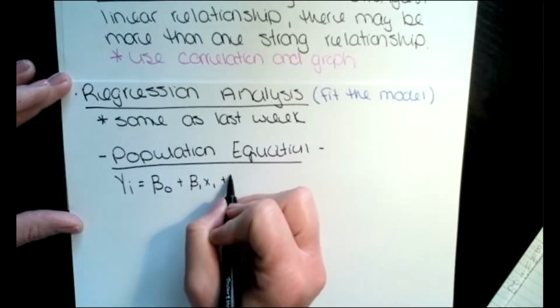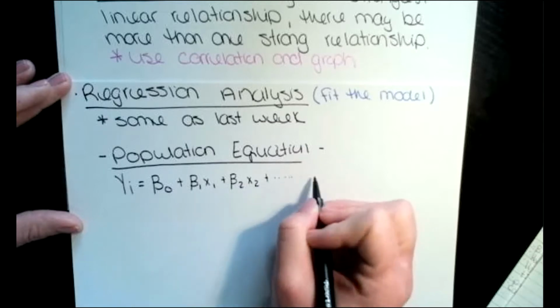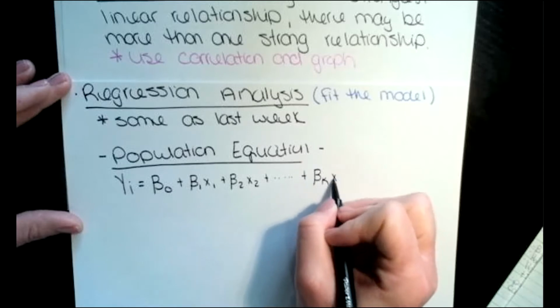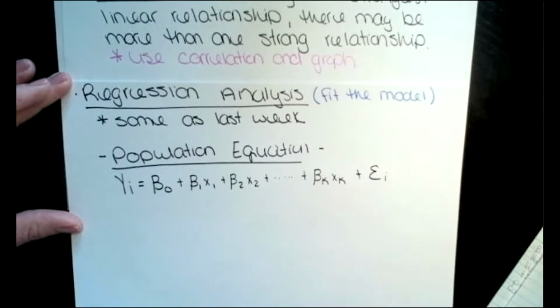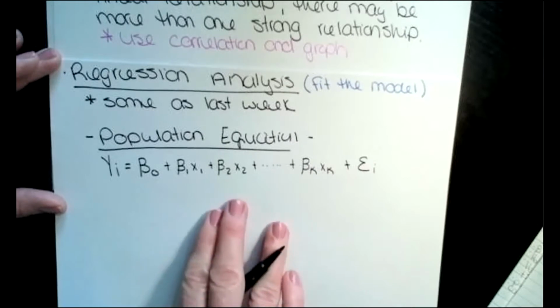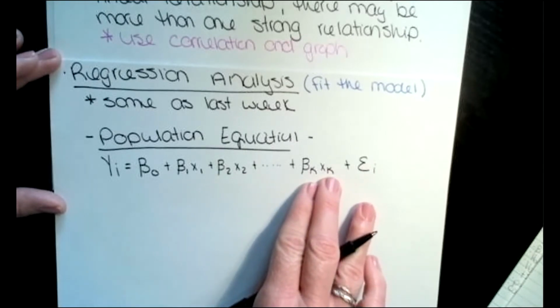So I have beta 2, x2, and this will continue all the way up to beta k, xk, plus my epsilon i. So the difference in this equation is that I'm going to have a term for each predictor variable here.